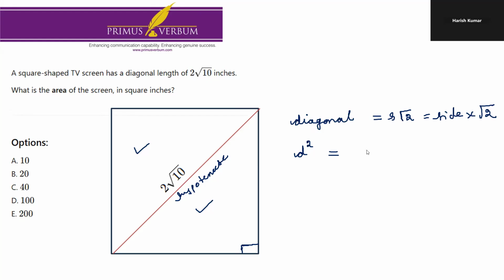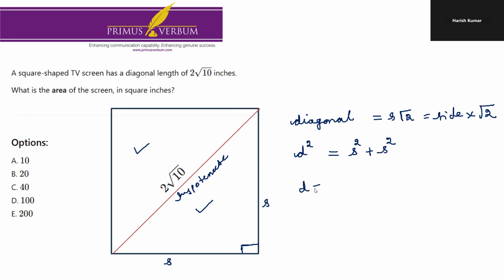So we can apply the Pythagorean theorem and say d square is equal to the sum of the squares of the other two sides. Now, the length of each side is s. So s square plus s square.